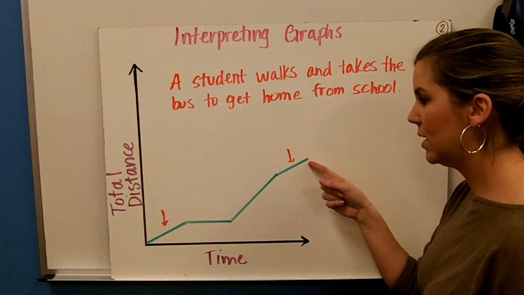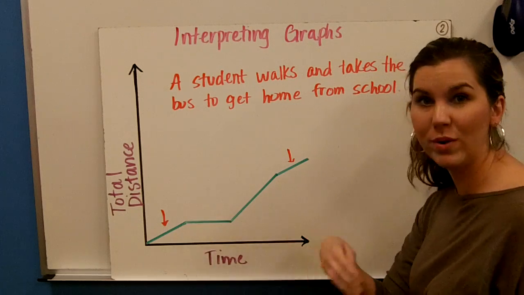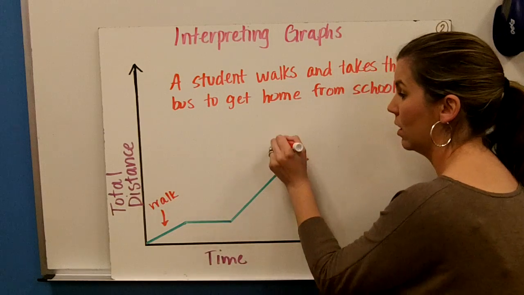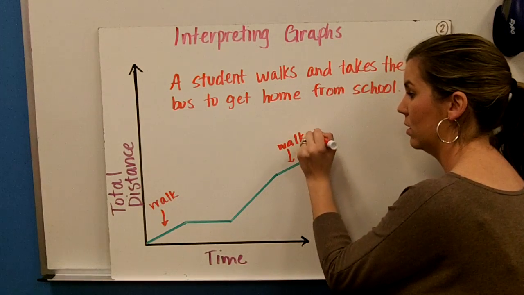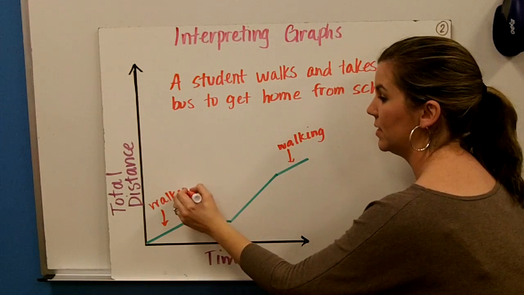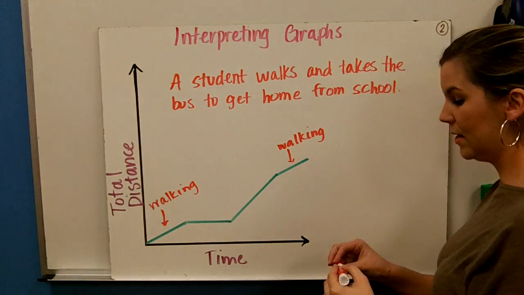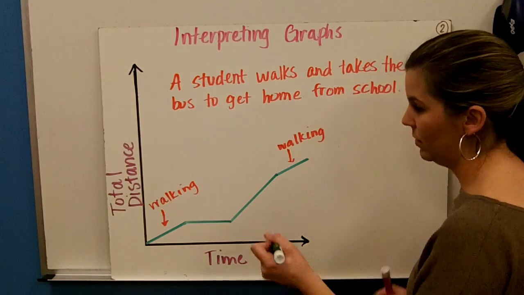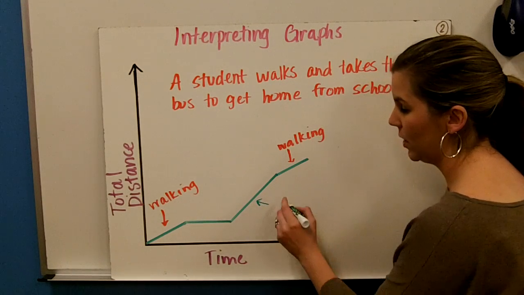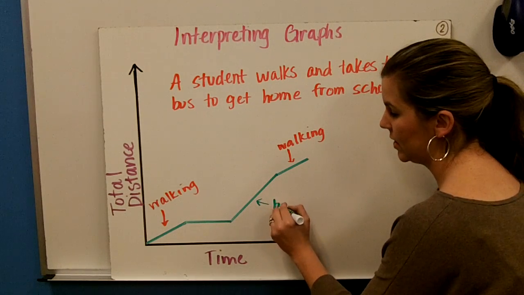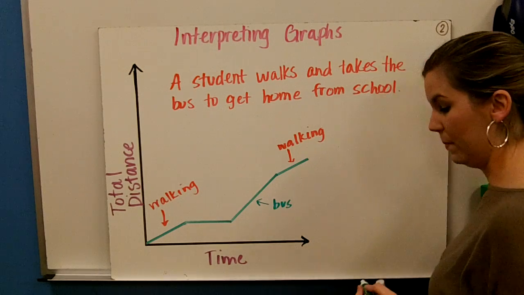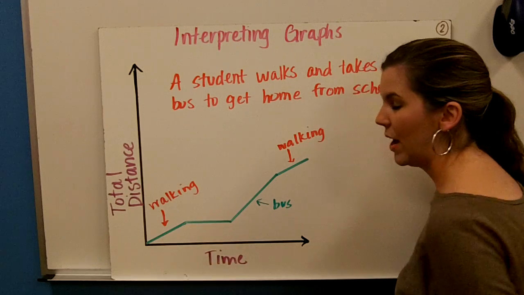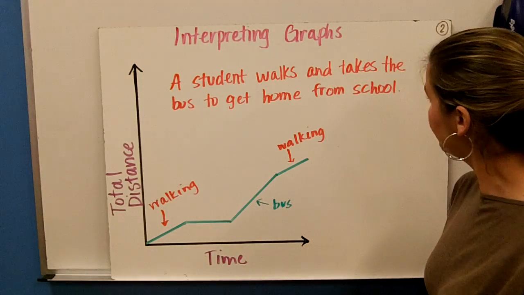So, these mean something slow is happening. He is walking in these two places. And since the slope is steepest right here, we can assume that at this part, the student is on the bus. Now, what would cause the graph to be flat?